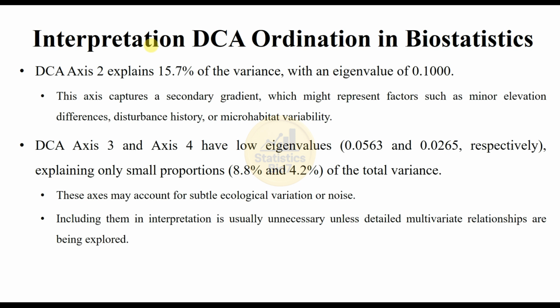DCA axis 2 explains 15.7% of the variation, with an eigenvalue of 0.100. This axis captures a secondary gradient, which may represent factors such as minor elevation differences, disturbance history or microhabitat variability. DCA axis 3 and axis 4 have low eigenvalues of 0.0563 and 0.0265 respectively, explaining only small proportions, 8.8% and 4.2% of the total variation. These axes may account for subtle ecological variation or noise.